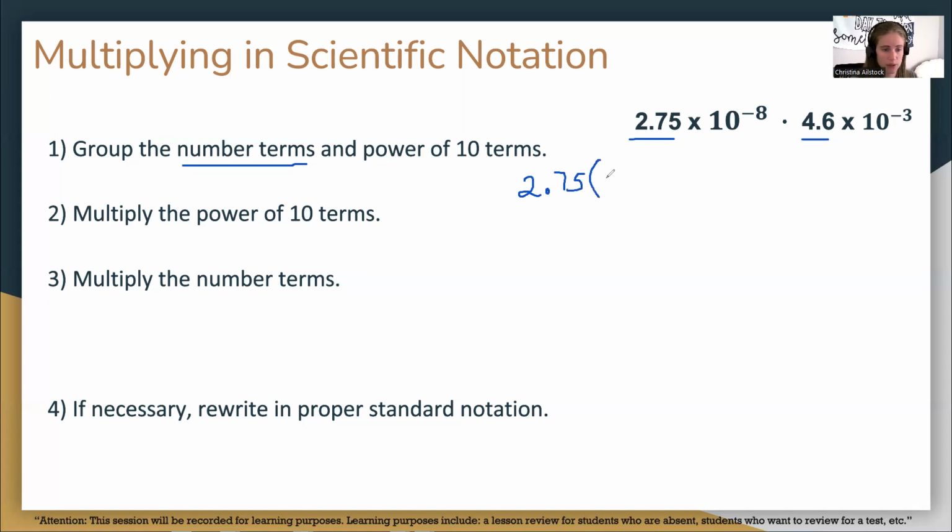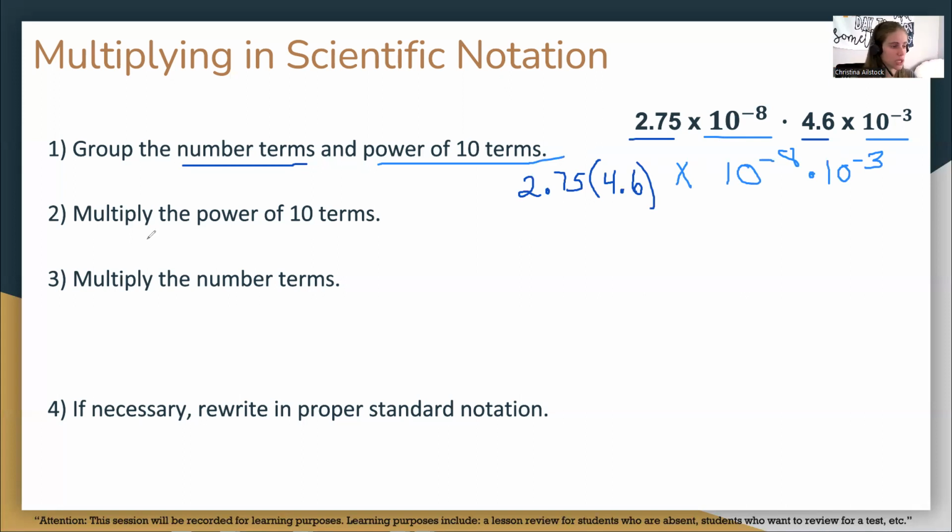And I'm going to use parentheses for multiplication so I don't get that dot confused with my decimals. And then we're also going to group our power of 10 terms. I like to do that regrouping step because it helps me visualize that we're dealing with each piece separately.